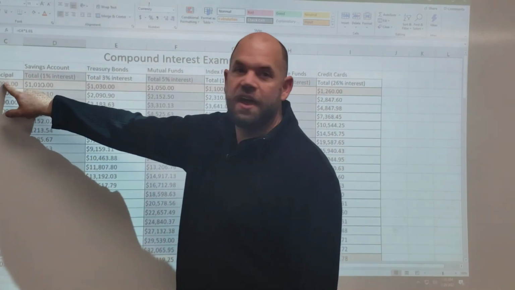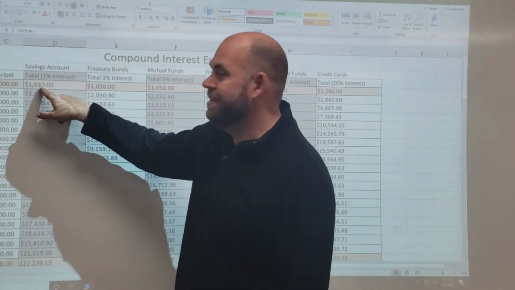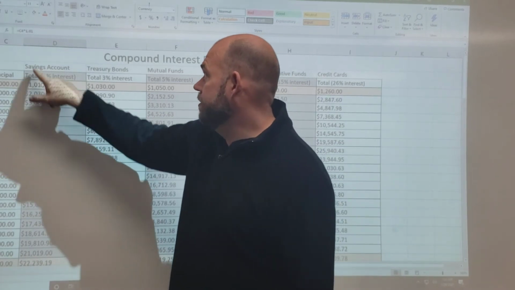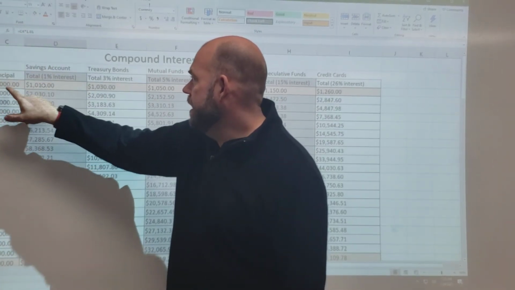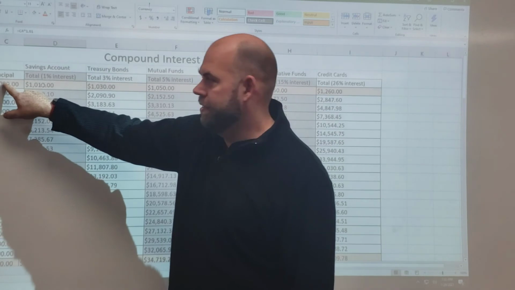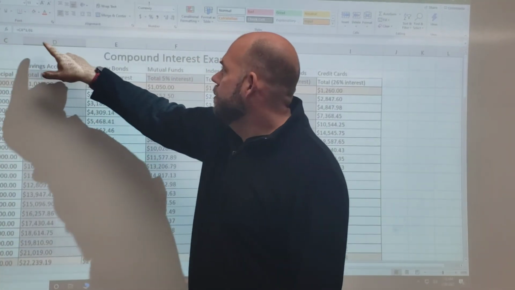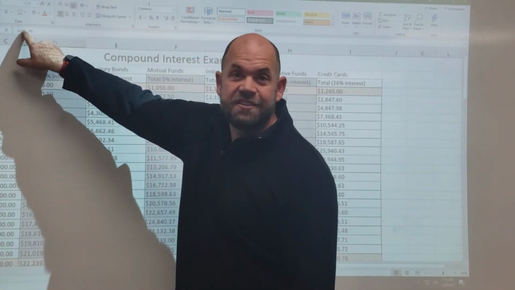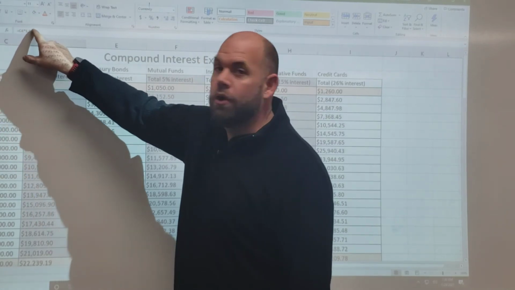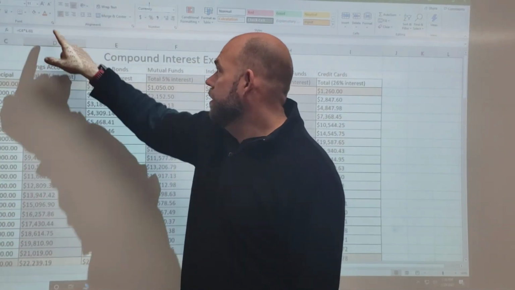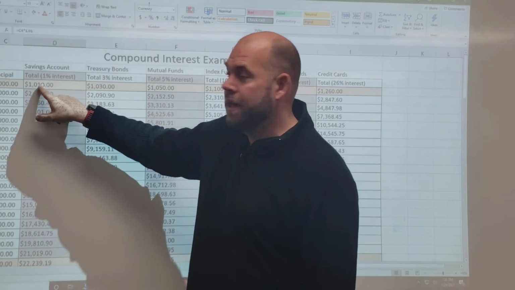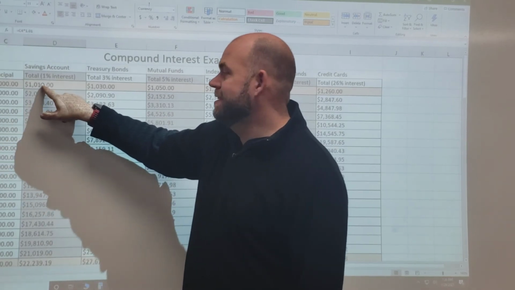How did I get that $1,000 and change it to 1,010? This is a simple calculation. You simply say C4, and this is going to be C4 on this thing. You can't see the button there. But we take C4 and we times, that's just the asterisk symbol, 1.01. So just like we did on our calculator, we do that, hit enter, and then it automatically makes that $1,010.